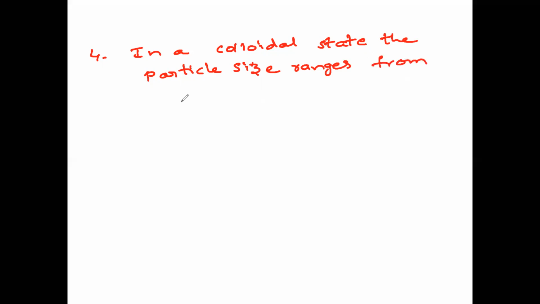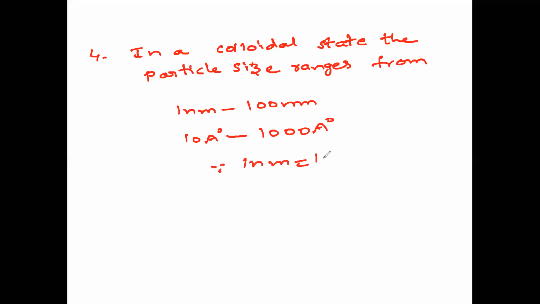You already know the particle size of colloidal state: 1 nanometer to 100 nanometers. We can also take it as 10 angstroms to 1000 angstroms, since 1 nanometer is equal to 10 angstroms, so the answer can be this or this, both are the same. The colloidal particle size ranges from 1 nanometer to 100 nanometers or 10 angstroms to 1000 angstroms. I hope it is clear. Next question.